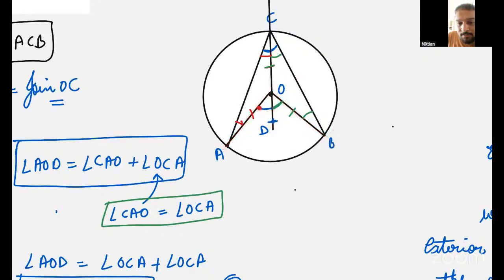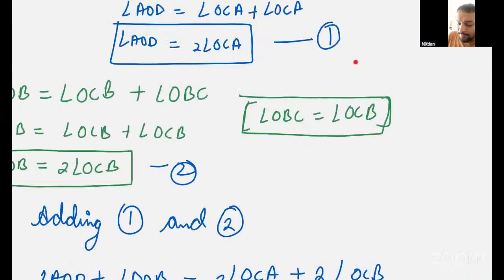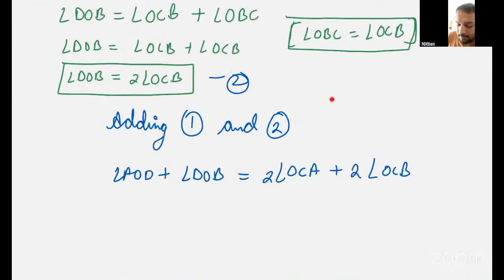Everyone got this? So it means AOD plus DOB becomes angle AOB, which is equal to twice angle OCA and OCB.